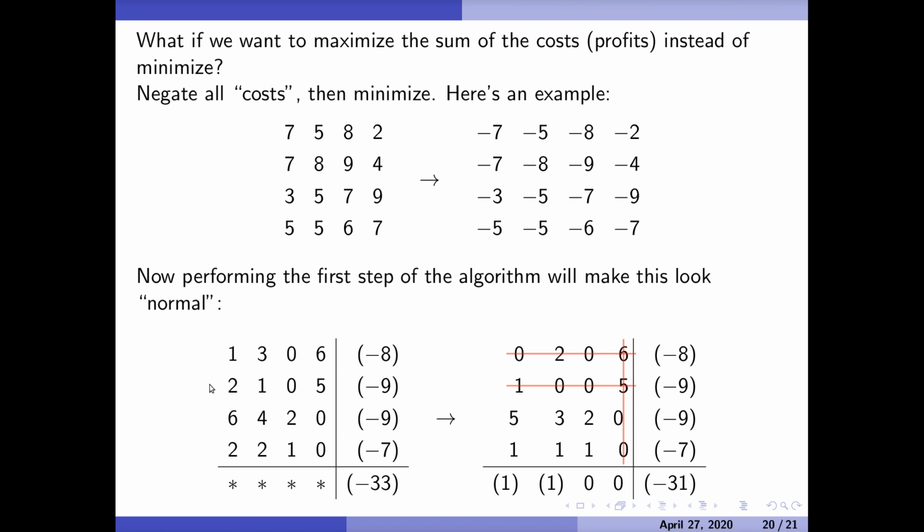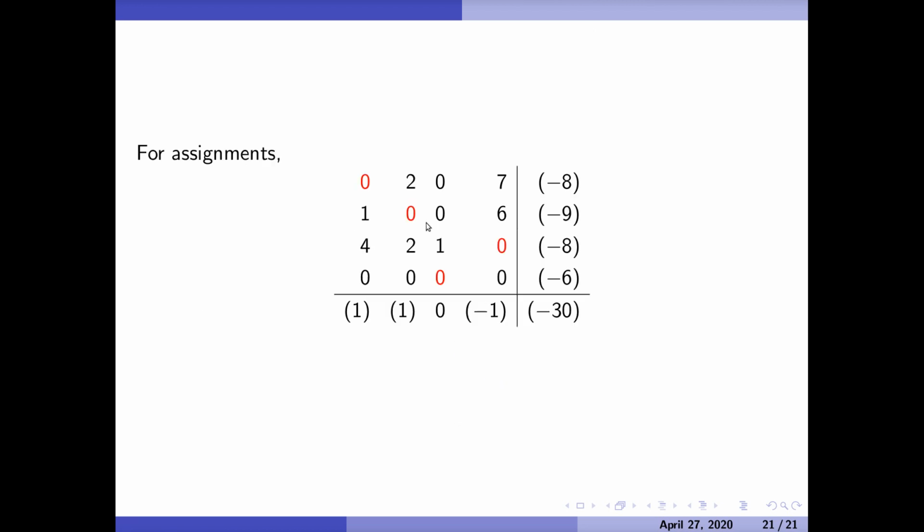And so then you just proceed as normal from there. Okay, and so that makes it easy. So the next step, of course, would be to bring down 1, 1, 0, 0. And then you can perform the rest of the algorithm as normal. Good. And so then we have some assignments there. Okay, so that's how you would perform a maximization instead of a minimization.